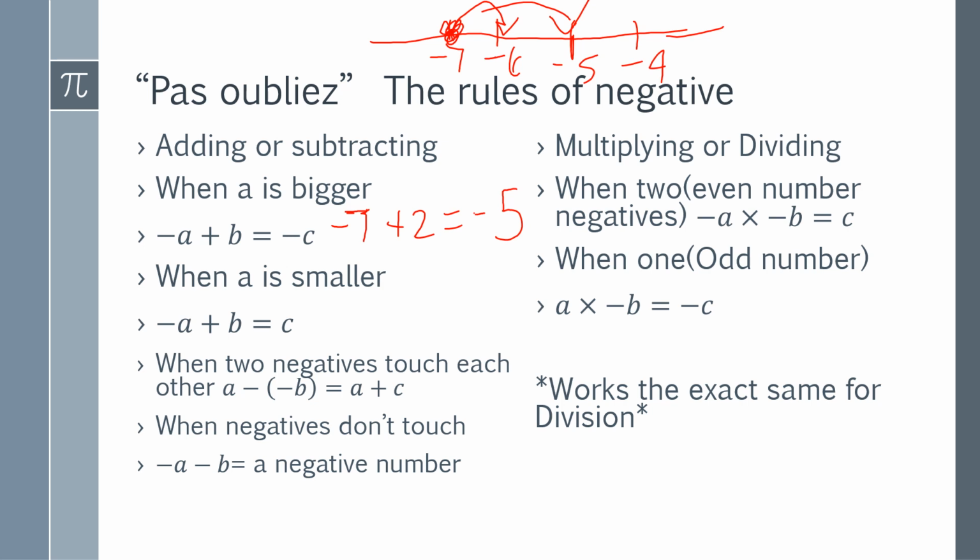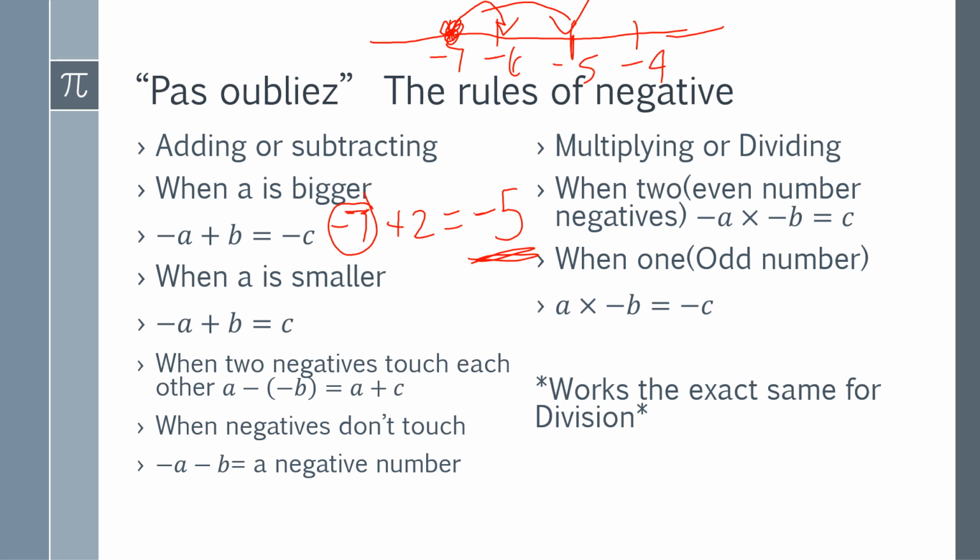You can make up a situation saying that I owe you $7, but I paid you $2. But I still owe you because the money that I owe is much more than the money I paid you. As a result, I end up with negative 5. And that's when the negative number is bigger than the positive number.